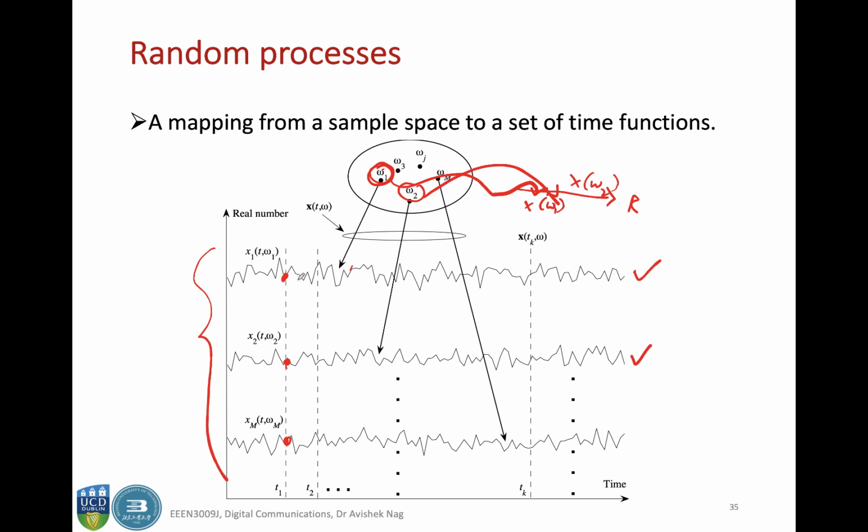Mapping the events of the sample space to different time functions gives a random process, and a snapshot at a particular instant, say t1, gives values that are random variables. Similarly, if you take the snapshot at t2, you again get a set of random variables.